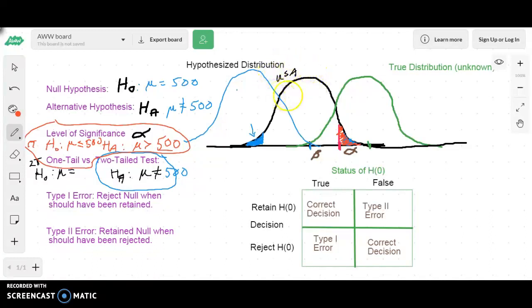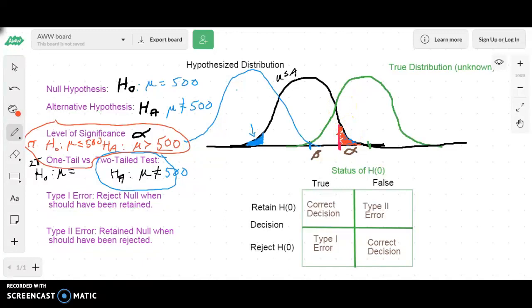If the United States mean SAT score is 500, and we want to take a look at New Jersey after some type of new change in the school system, and we want to see if the students in New Jersey are scoring significantly greater, then we would conduct a one-tailed test. We would put all of our level of significance, or the alpha, into one tail, and then we're going to take a sample.